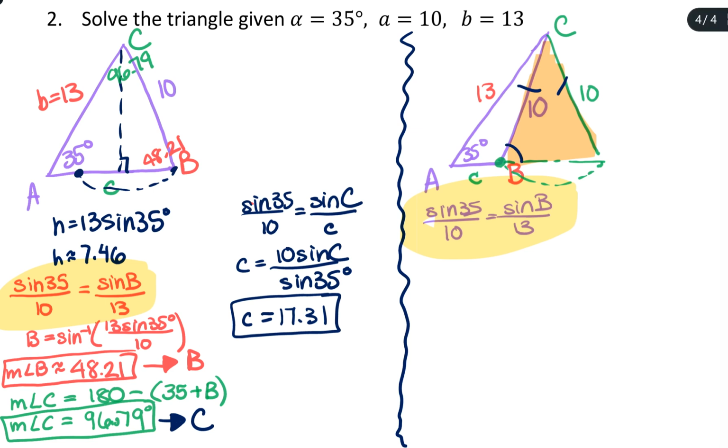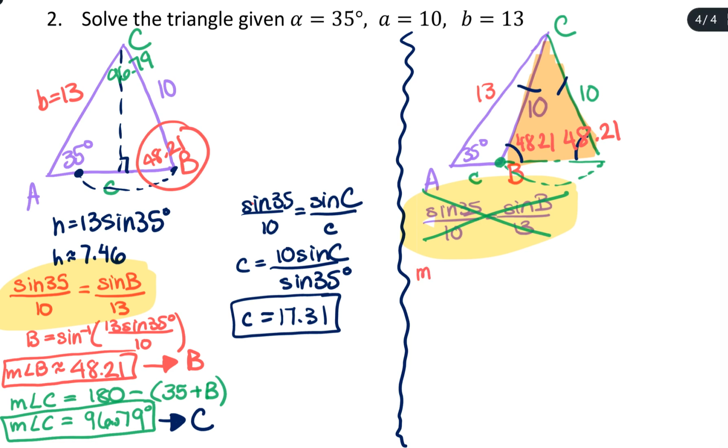If the legs are congruent, the angles opposite, those base angles, are congruent. So what we saw from the first triangle here, 48.21, is this angle right here, which means that this angle is 48.21. Which means that the angle B that I want is not going to be found by using that formula.